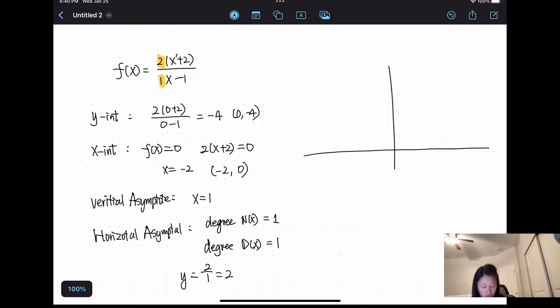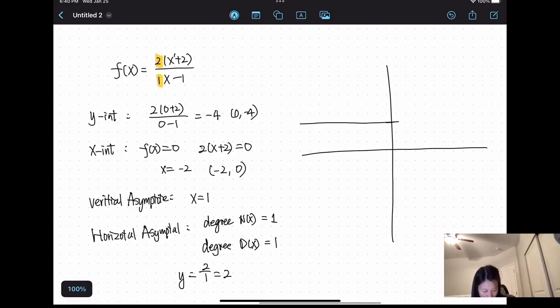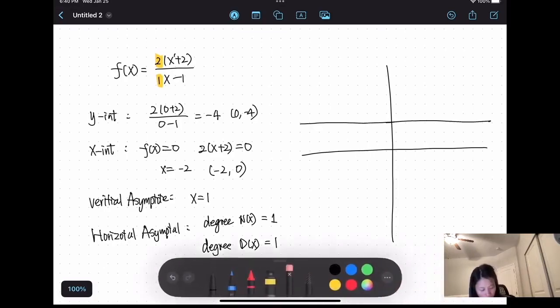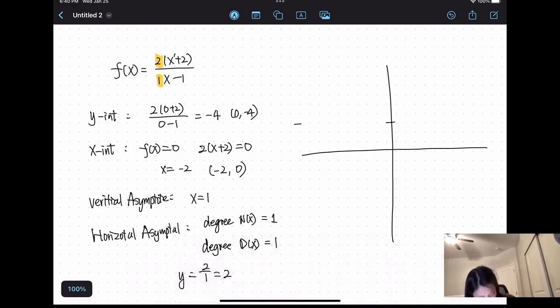So now we can graph it. We have a horizontal asymptote at y equals 2, which, oh, I should use a dash line. Y equals 2, sorry. And then a vertical asymptote happens at x equals 1.